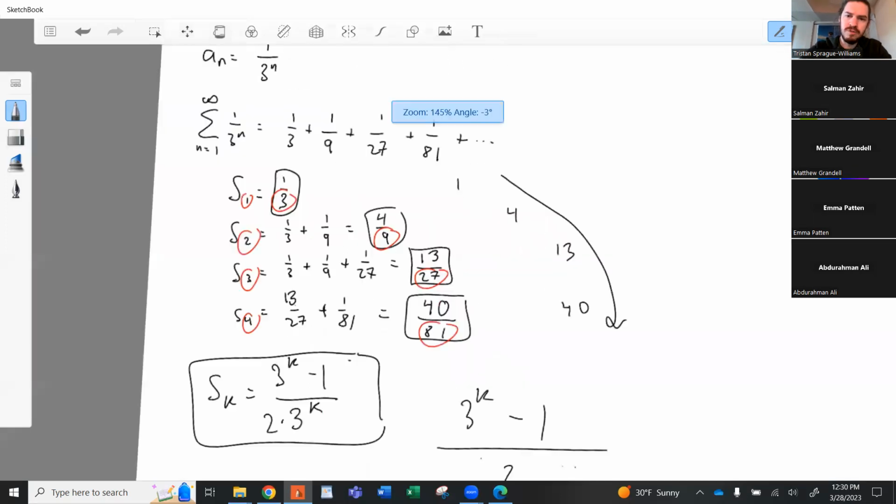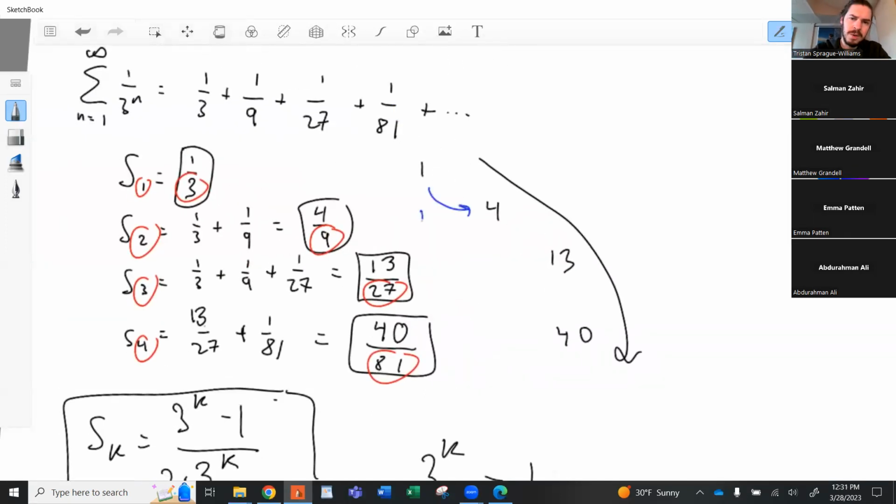One strategy is to sort of look at the differences. So here we have a plus 3, and then we have a plus, what is that? 9, and then we have a plus 27. Is that right? Yep.